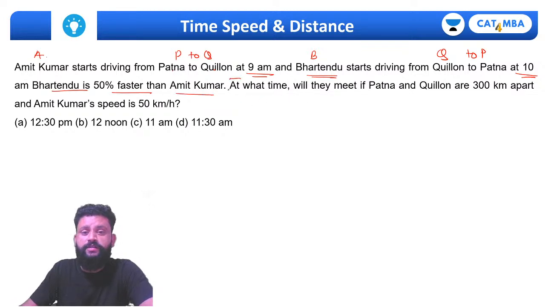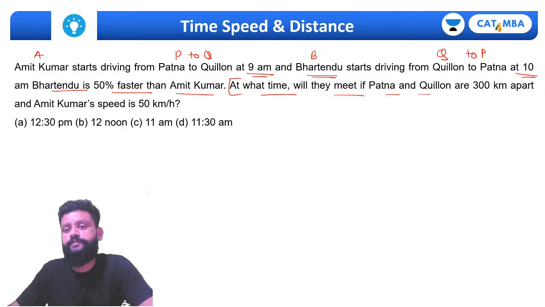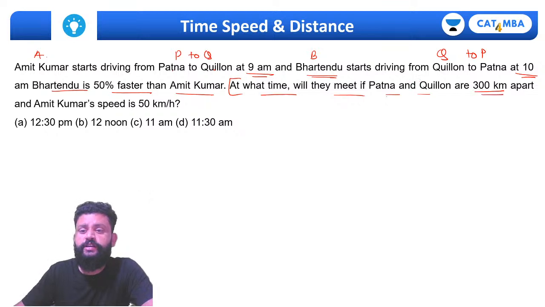B is 50% faster than Amit Kumar. We don't know the speed yet. So at what time will they meet from Patna P to Q?